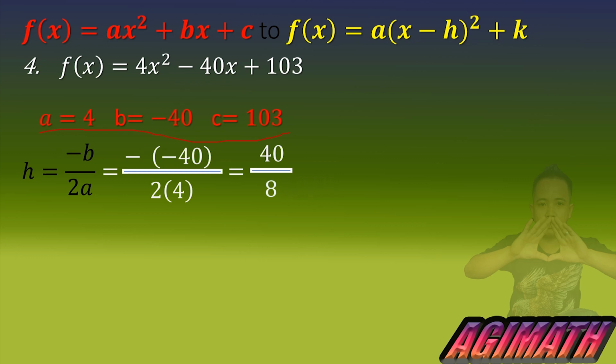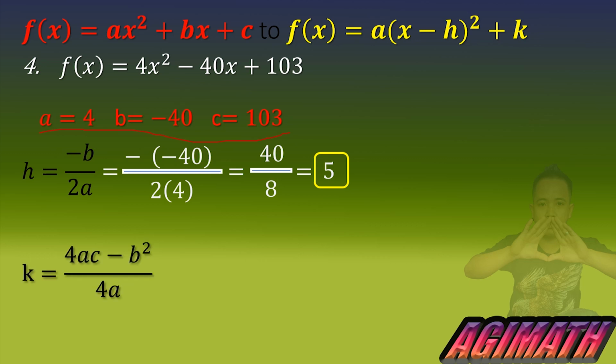Some of the mistakes being committed by students is when they have 2 times 4, they will answer 6 because they are very excited to get the value. Always review your answers. Okay, 40 divided by 8 is equal to 5.